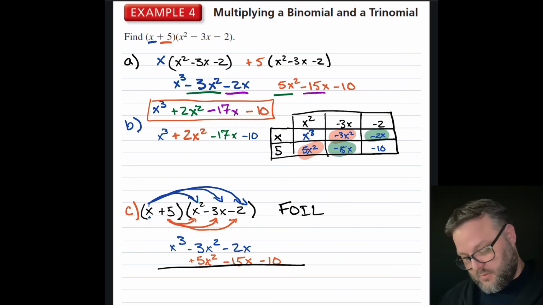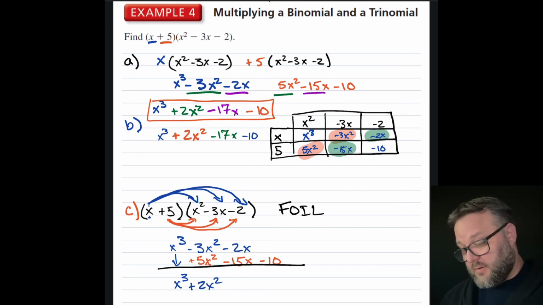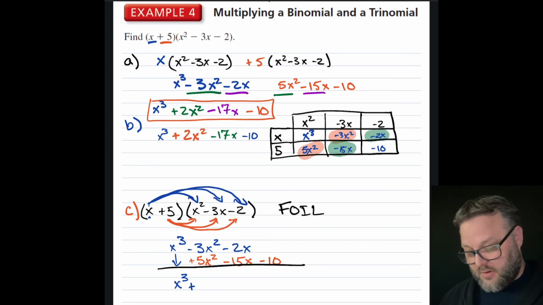Now, I can look at this and see there's nothing here, so I just bring it down. There's nothing to combine it with. Here, I have a -3 and a positive 5. That's going to get me a positive 2x squared. I'm doing that because the larger number wins here, so that makes it positive, and the difference is 2, so that becomes my new coefficient.